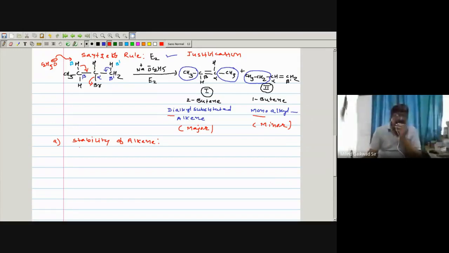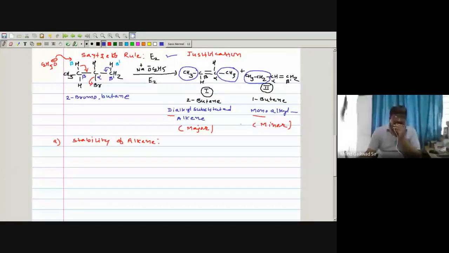In this case, in this alkyl halide, 1, 2, 3, 4, at position 2 there is a bromine. So it is 2-bromo. And how many carbons are there? 1, 2, 3, 4. Four means butane. So in this case, from 2-bromobutane, there is a formation of 2-butene and 1-butene.